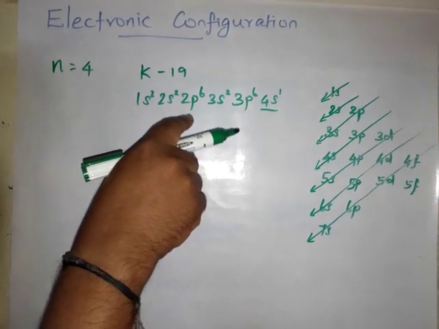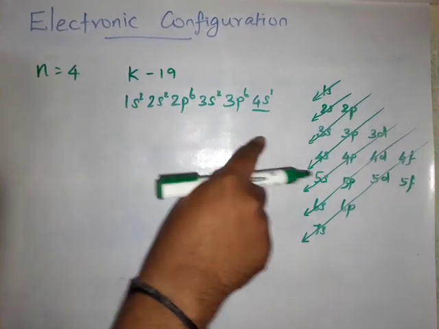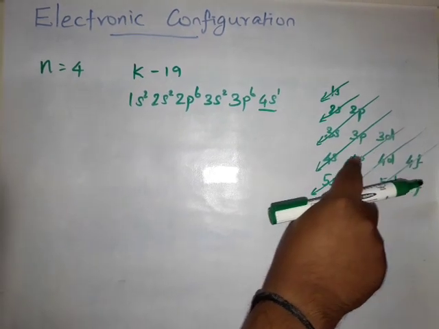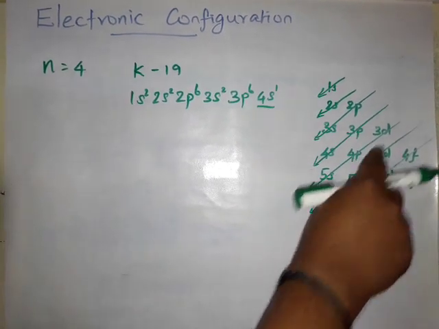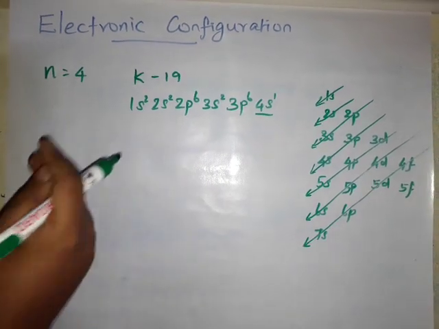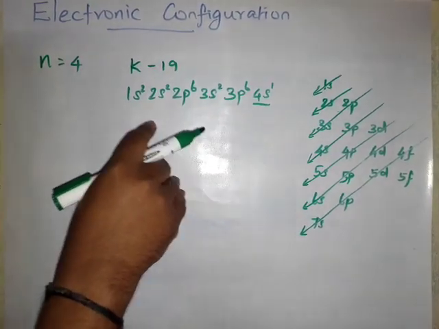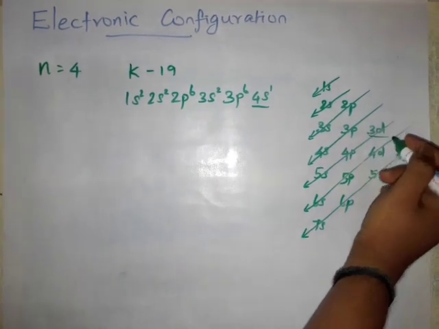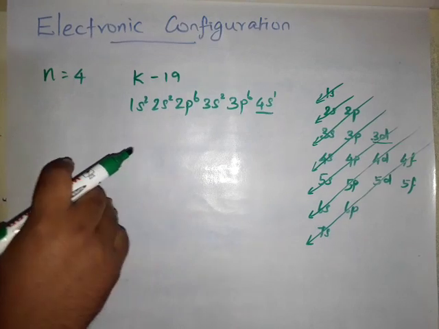Now you may note that the order is 3p, 4s, 3d, then 4p, 5s. Before the 4p orbitals, the 3d orbitals become energetically favorable, and we come across the so-called 3d transition series.